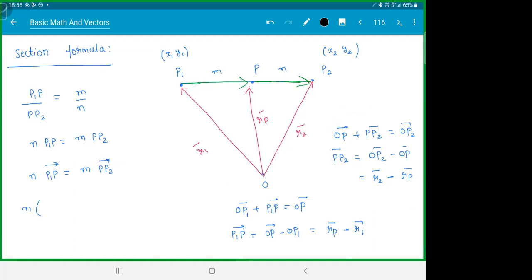Whenever you see this triangle or vectors, simply think in terms of displacement. If you're walking from O to P1 and if you're walking from P1 to P, it is as good as walking from O to P directly. Then I just substituted the equation. Similarly, O to P, P to P2 is as good as going from O to P2 directly.